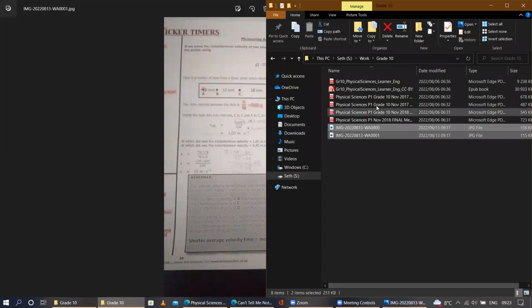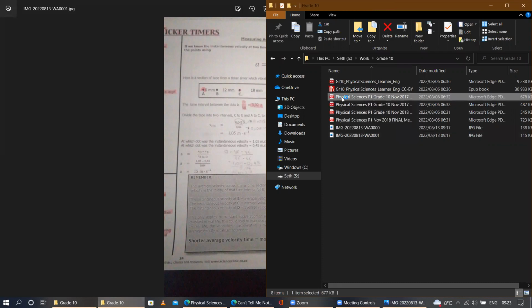I'm pretty sure you're gonna find graphs of motion in your paper one test. So let me just open this one and this one.